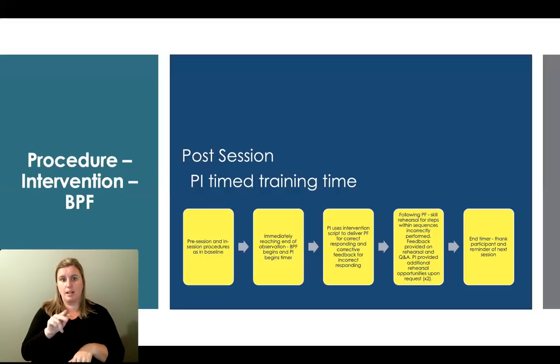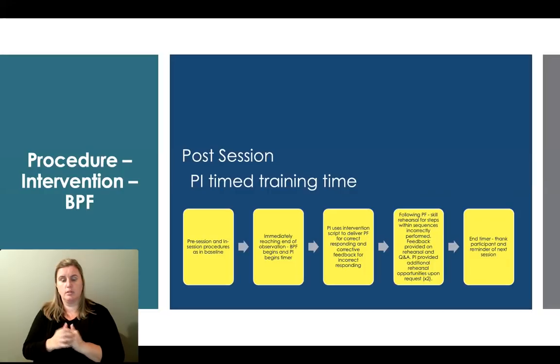Once we reached the training termination, that's where the BPF, or the abbreviated training session, would start, which consisted, again, of the provision of supportive feedback and praise for steps correctly implemented, as well as corrective feedback, which included evaluation and a description of how to perform the skill correctly for incorrectly performed target skills.